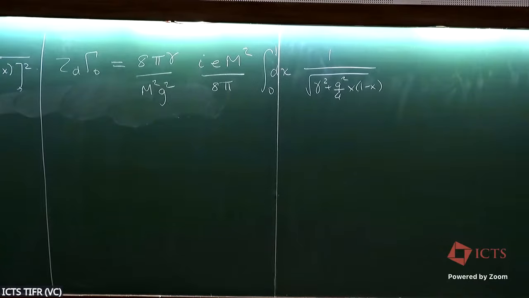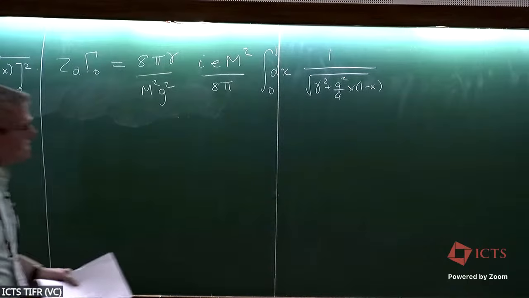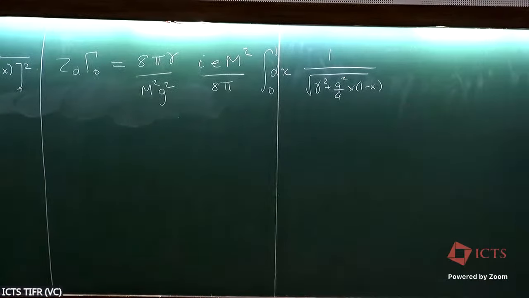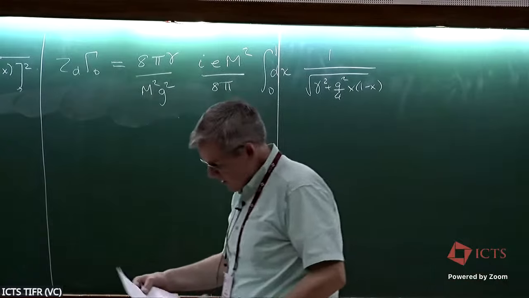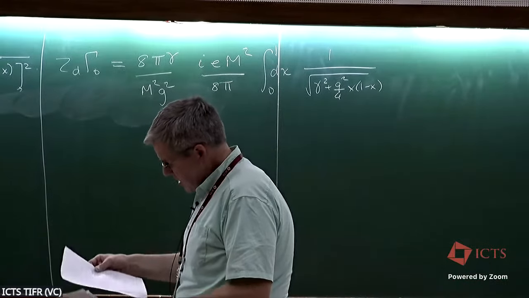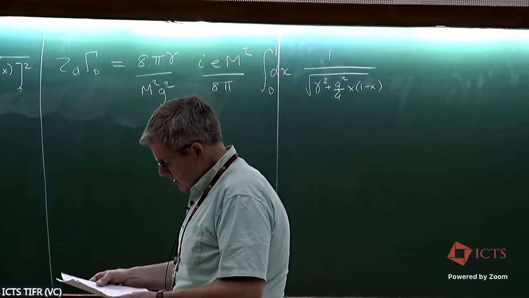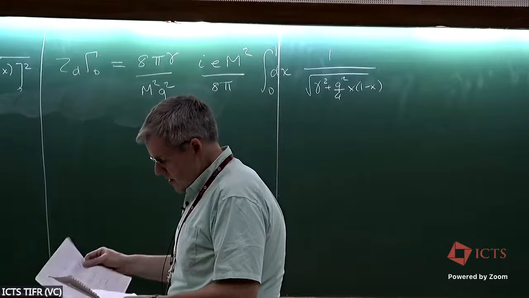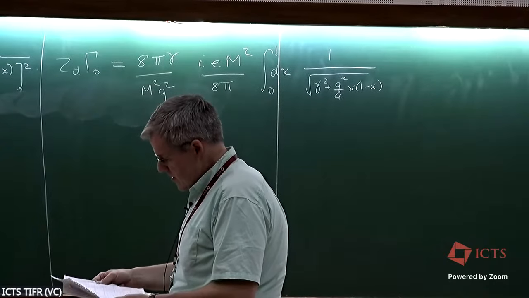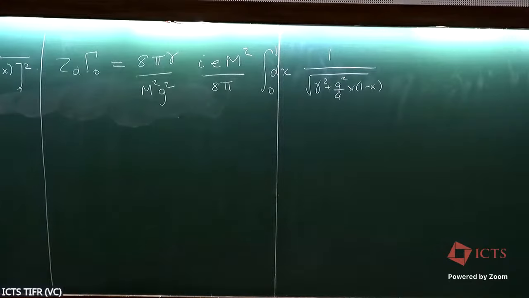Yeah, I missed g squared, didn't I? Just excuse me while I find my factors. Oh, I missed the g's. It's the vertices here. That was my mistake. So there's a minus IG from each of these. So sorry about that. So this is this divided by minus I g squared.